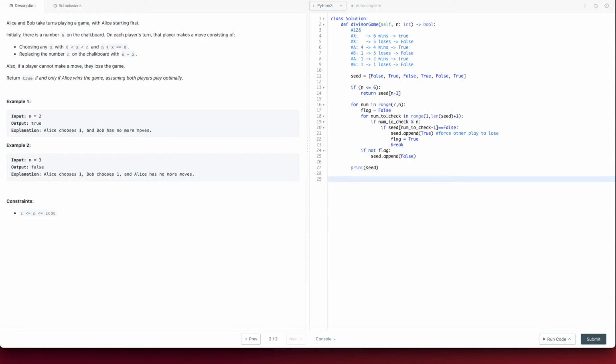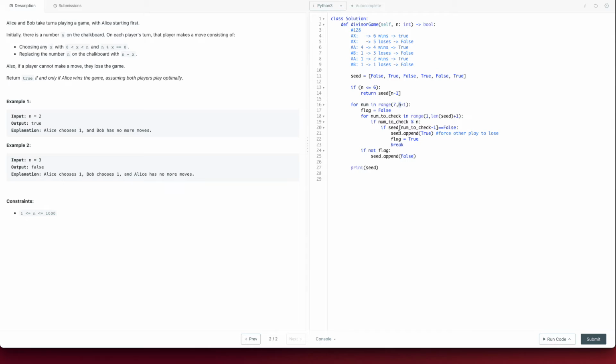Print seed, and then so let's say n was 7, then you would include 7, exclude 8, which is 7.